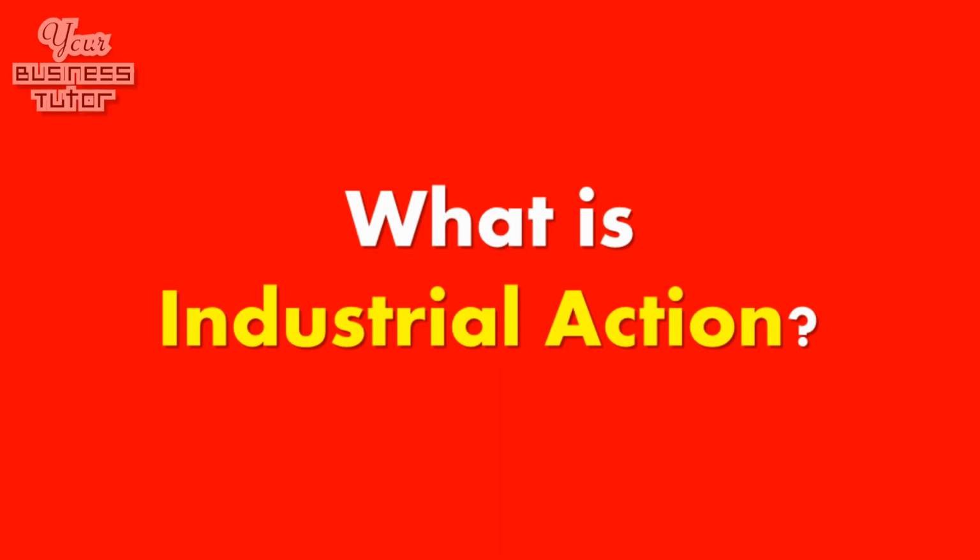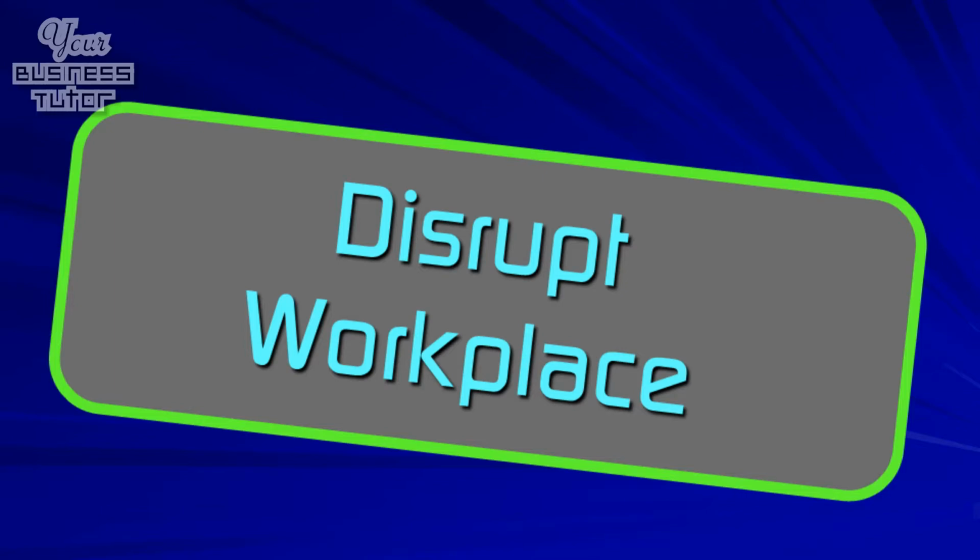If, however, this does not happen or negotiations break down, the outcome can be industrial action, which is what we will look at now. Industrial action refers to any measure a trade union or employees take to disrupt a workplace in order to influence the employer to meet their demands over pay and working conditions.